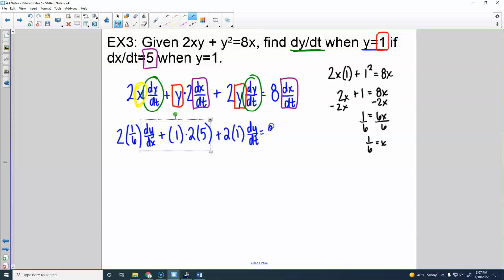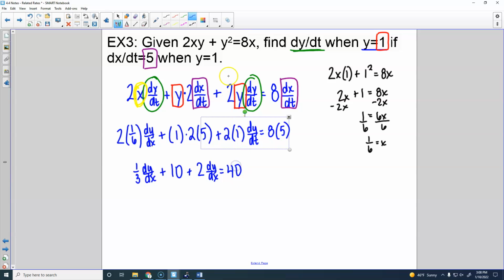Equals 8 times dx dt, which is 5. 2 times 1/6 will give us 2/6, which is 1/3 dy dt plus 10 plus 2 dy dt. Oh, sorry, it should be t's.